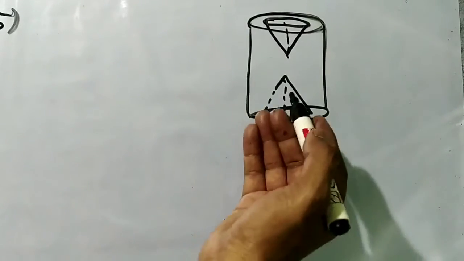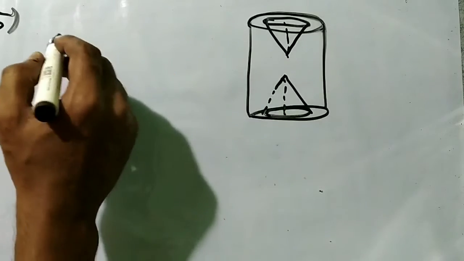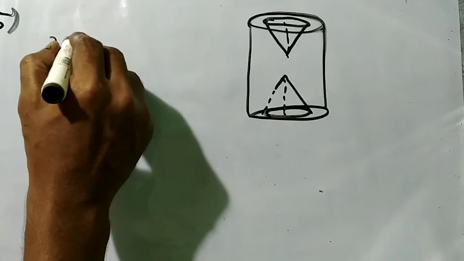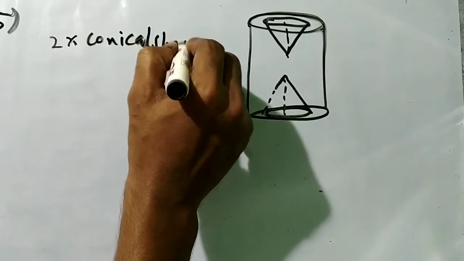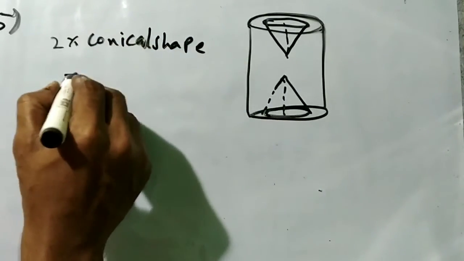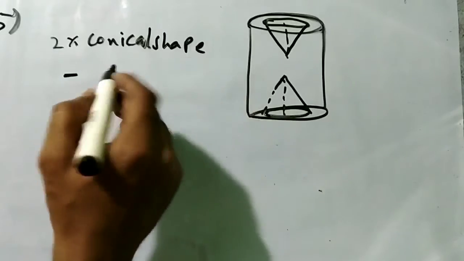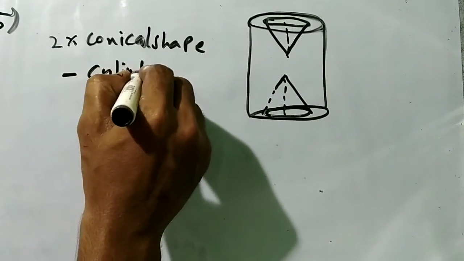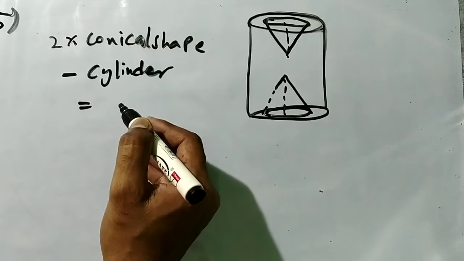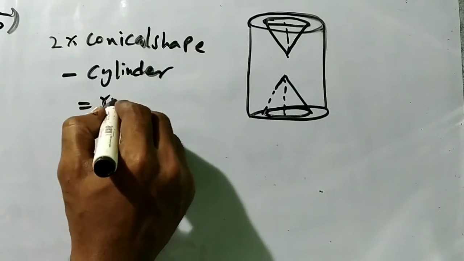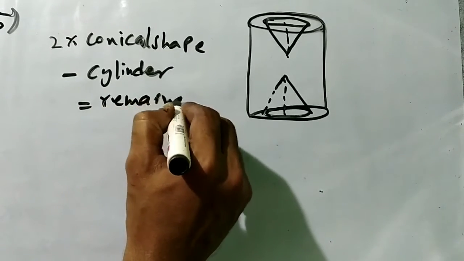We can easily find it, because here we have the cylinder and two conical shapes, that is cylinder minus 2 into conical shapes, which gives the leftover or remaining solid volume.